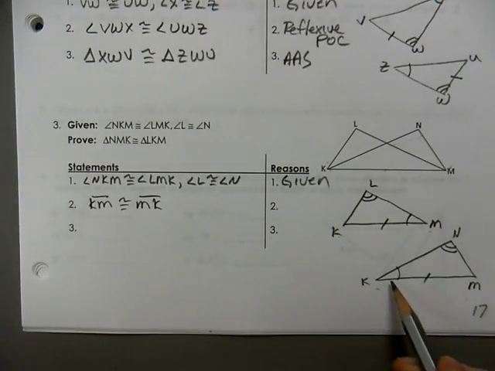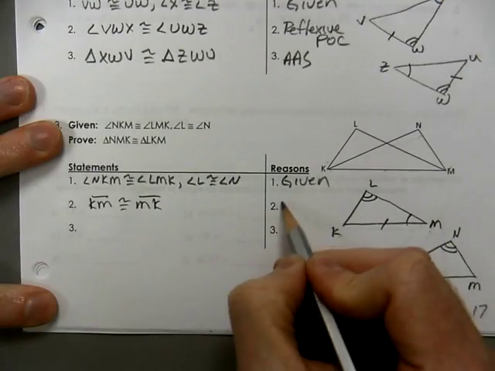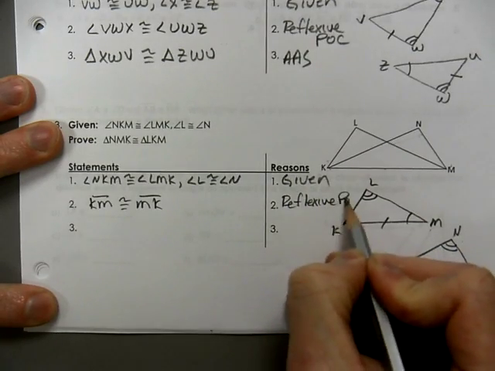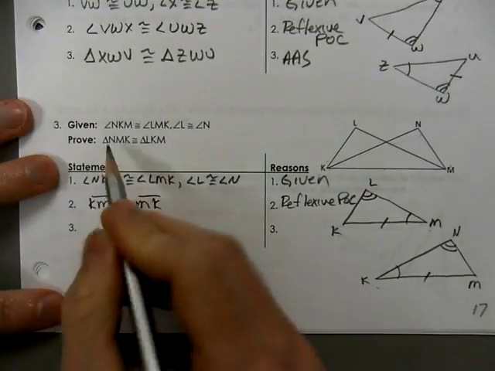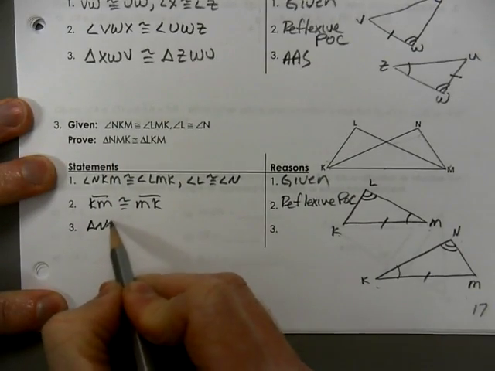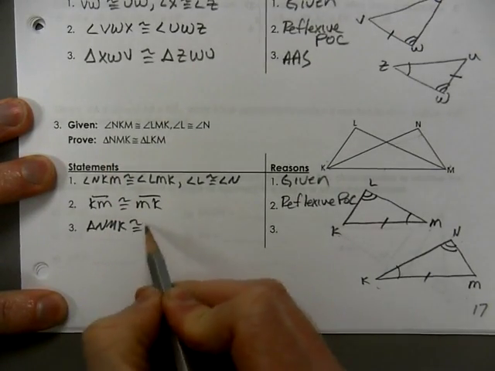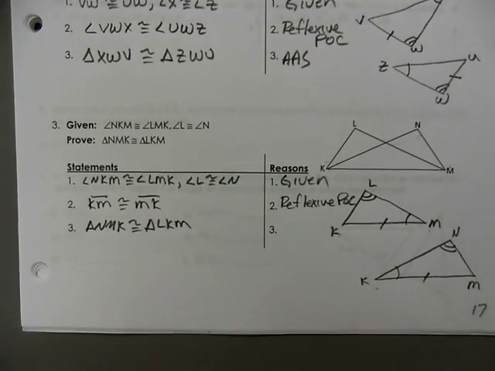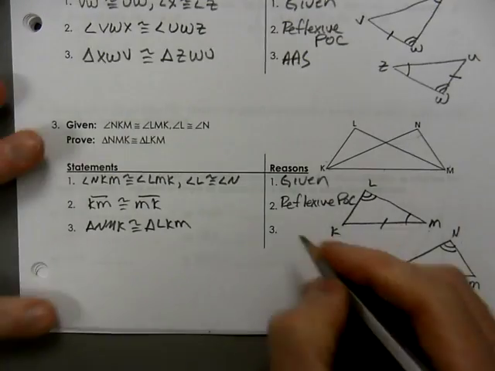It's going in opposite directions. And that's the reflexive POC. And then our last step is to prove the triangles congruent using one of our 5 ways. What method are we going to use? 2 A's and an S.